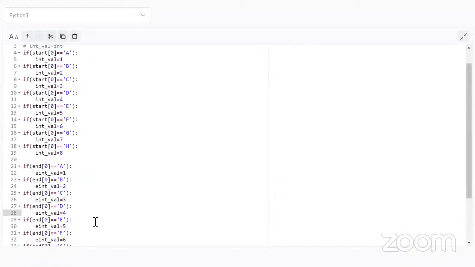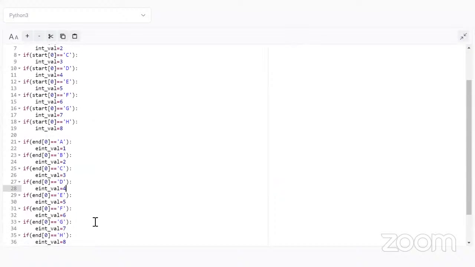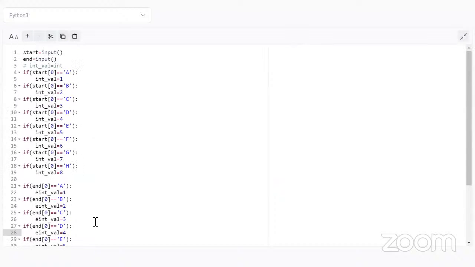Is this clear? No, sir. Can you please explain this one? I did not understand. Okay, Prabhavati, you can stop sharing. I'll explain this code from line 21.